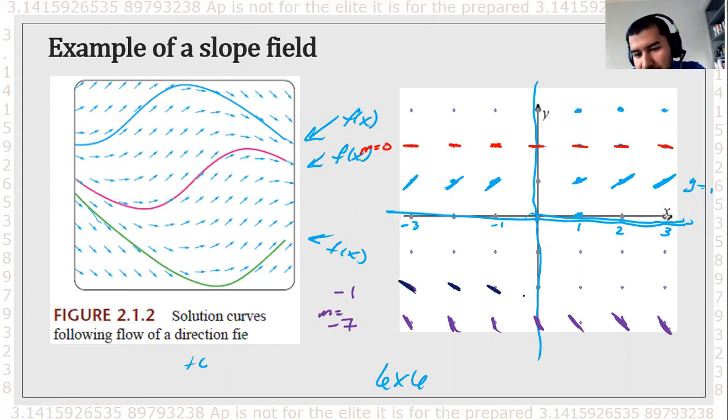It would be decreasing a lot less, at a slower rate, the -1 versus the -7. So pretty much that's what we're going to do. We're going to have a little axis, and we're going to put these 3 dots in each quadrant. That's going to help us do our slope fields.